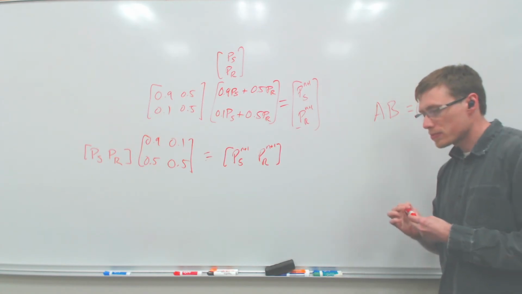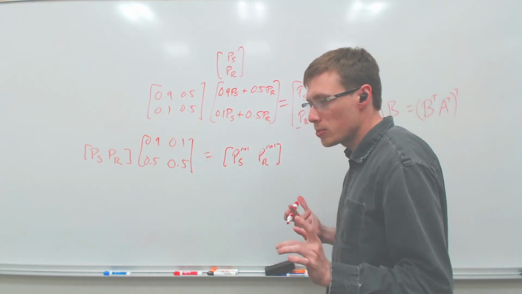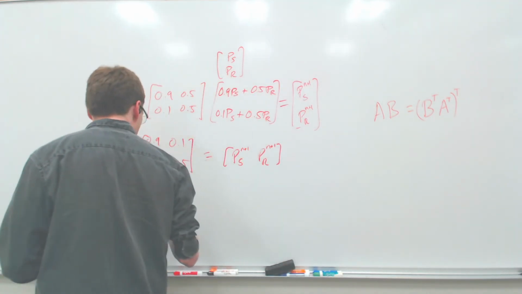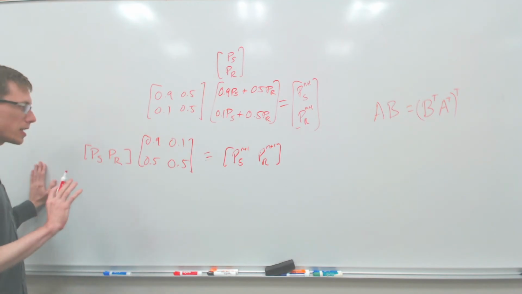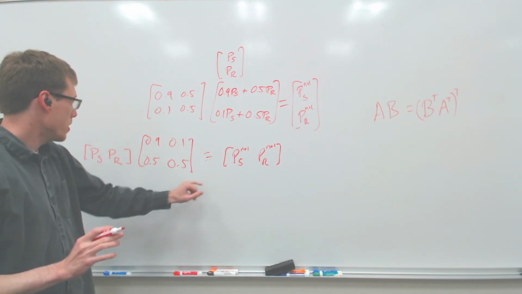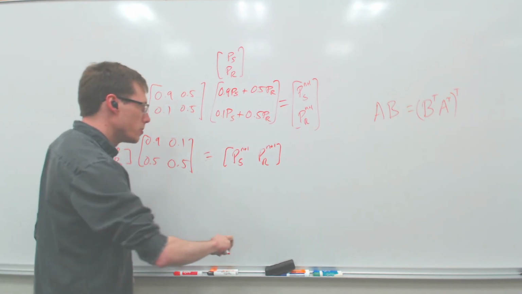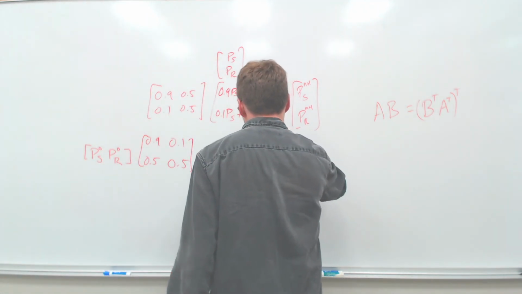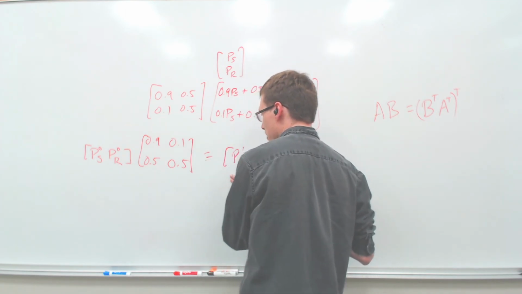There are two things that we're interested in. One is, what's the probability on any given day? To do that, it's actually pretty straightforward. If this is day 0, then if we multiply it, we get day 1.